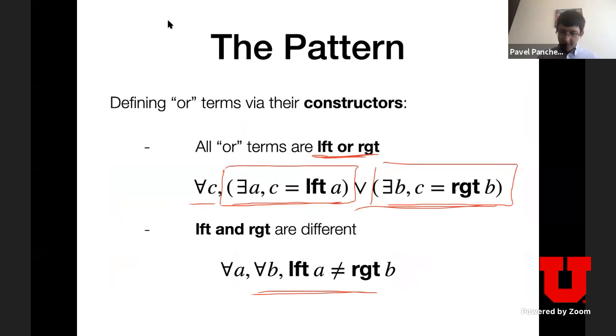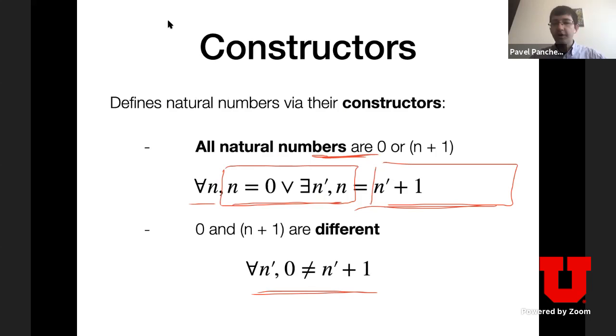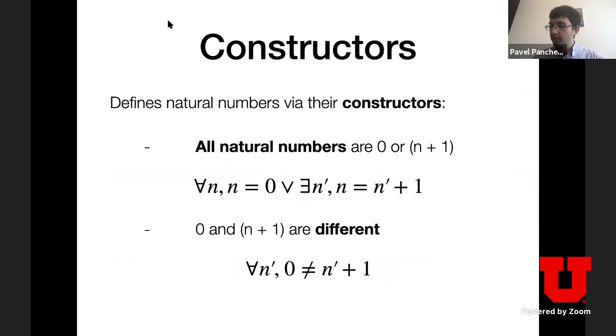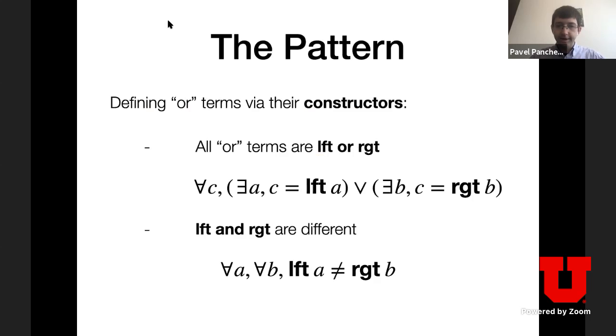So it looks like, by analogy, what we've done for natural numbers, where each natural number is either 0 or something plus 1, should also relate somehow to two introduction rules for natural numbers, one called 0 and one called something plus 1. And we can even look at this pattern for other kinds of data types that we've introduced.